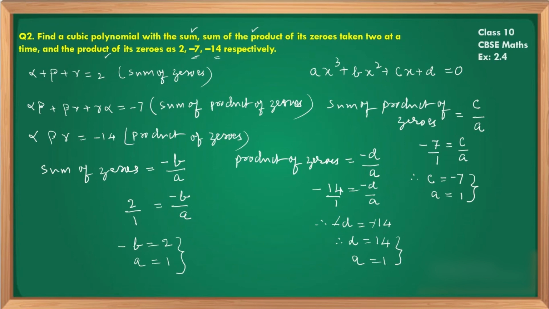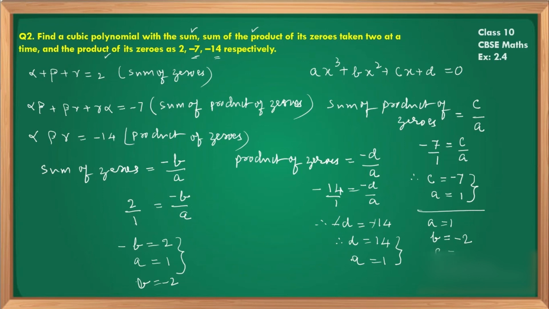So now we write down separately the values of a, b and c, d. Here, a is equal to 1, b is equal to minus 2. You can transfer the minus sign to the RHS, so b value is minus 2.